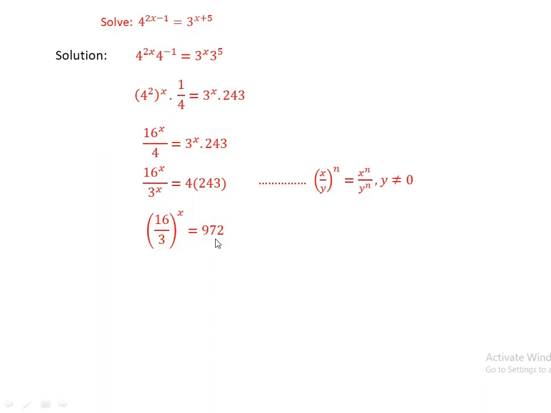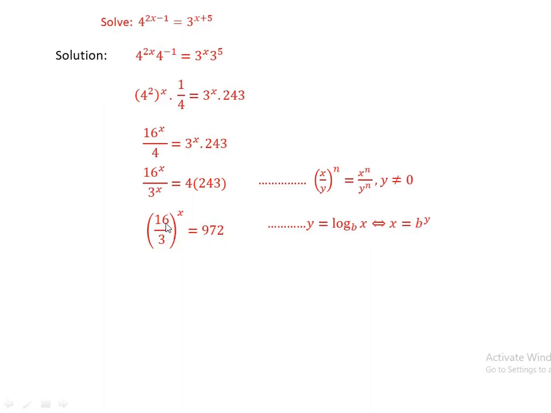Again, this can be expressed like y is equal to b to the power of x. If y is equal to b to the power of x, then x can be obtained by writing it in logarithmic form: y is equal to log of x in base b if and only if x equals b to the power of y.